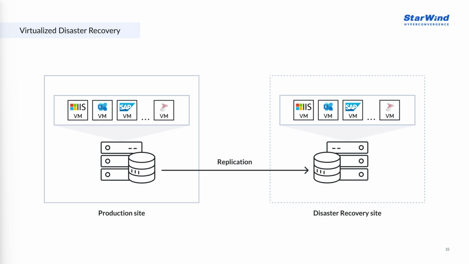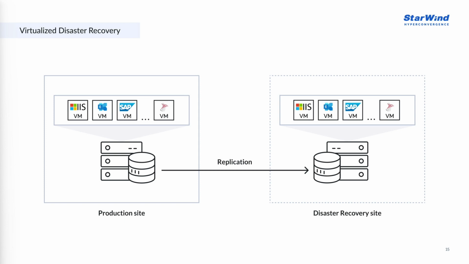So usually our workloads operate on top of a hypervisor system, such as VMware vSphere or Microsoft Hyper-V. Now, the hypervisors always have the ability to perform the disaster recovery. In VMware, that's VMware vSphere Replication. In Hyper-V, that's Hyper-V Replica.